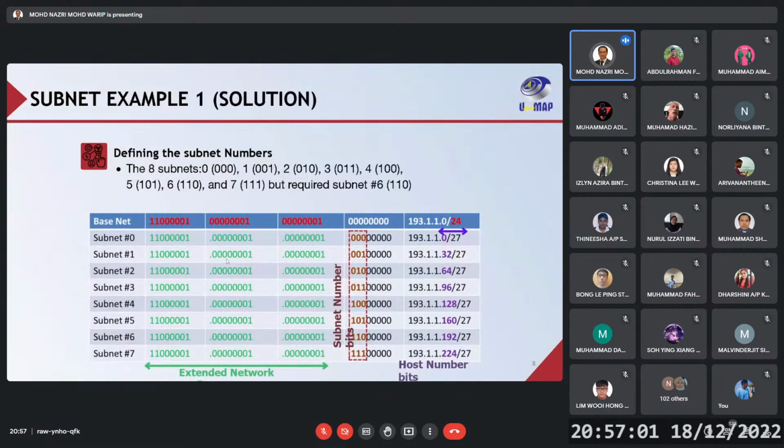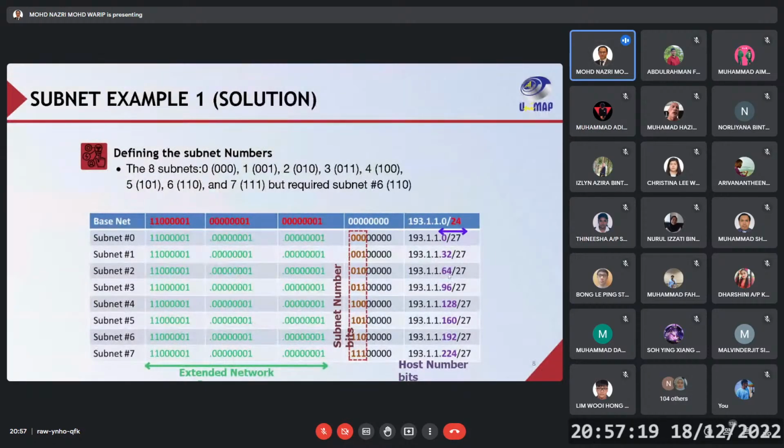This one we call the subnet number, or in other words, these are the branches. So remember, first subnet 0 is 1.1.0 until 31. The next subnet, the next branch, is .32.